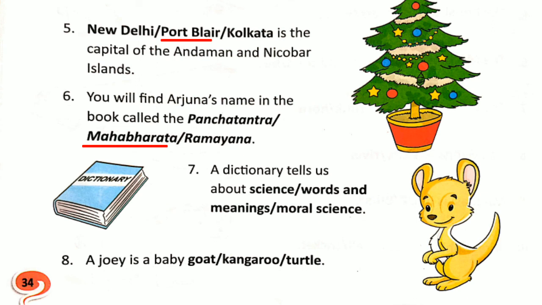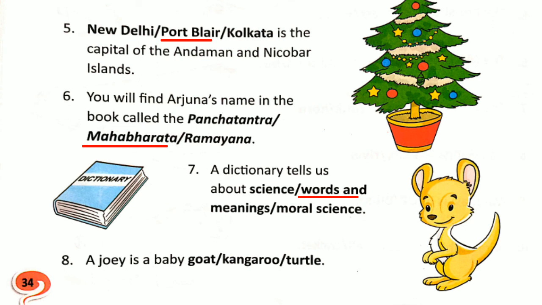Now number 7: a dictionary tells us about science, words and meanings, or moral science. What does a dictionary tell us? It tells words and meanings. Very good. A dictionary tells us about words and meanings and also pronunciation.